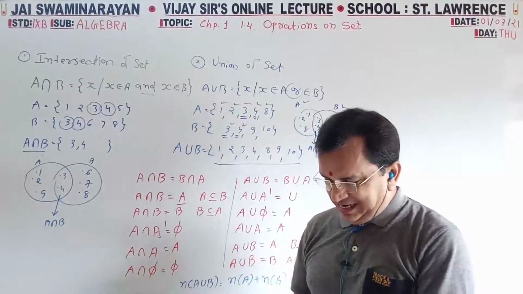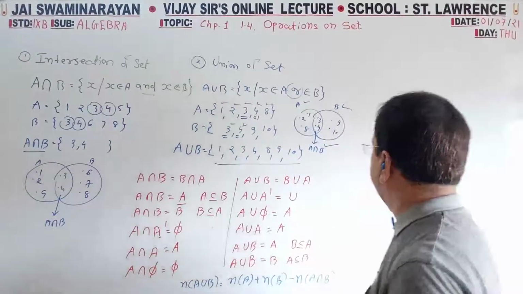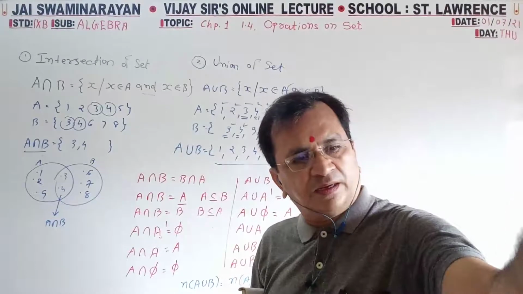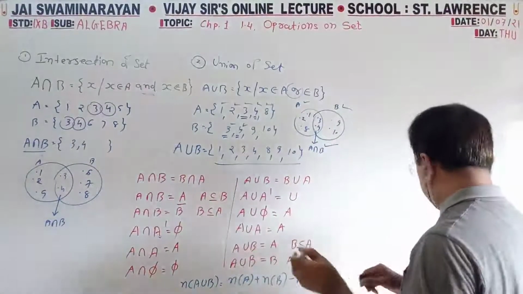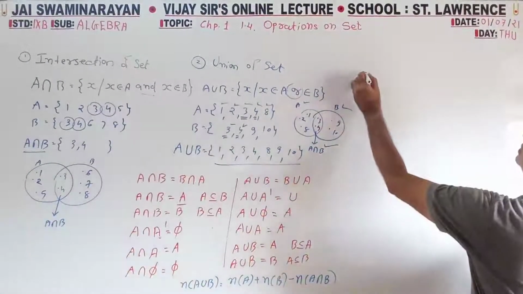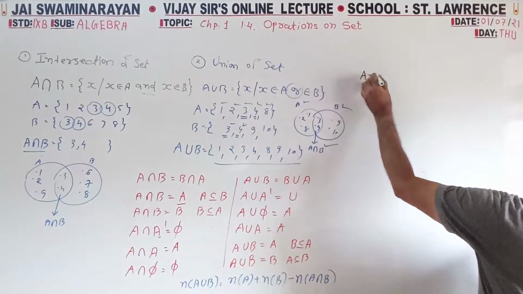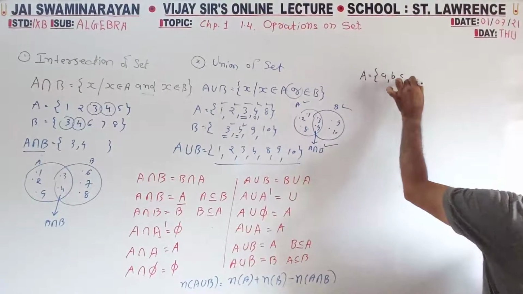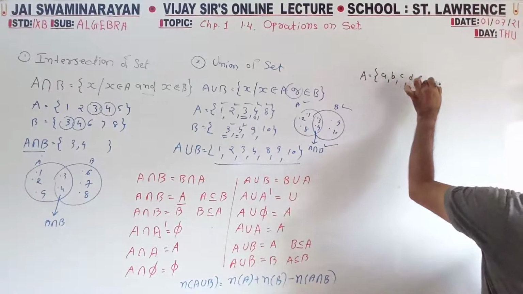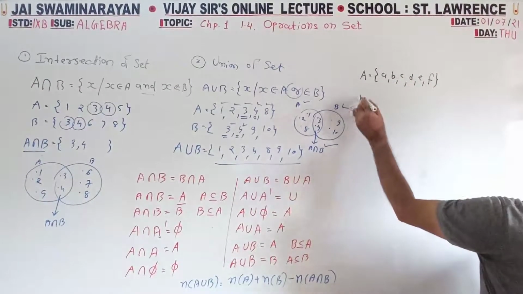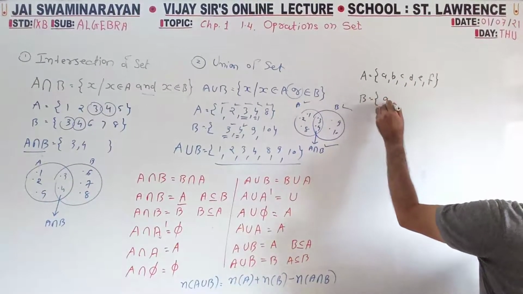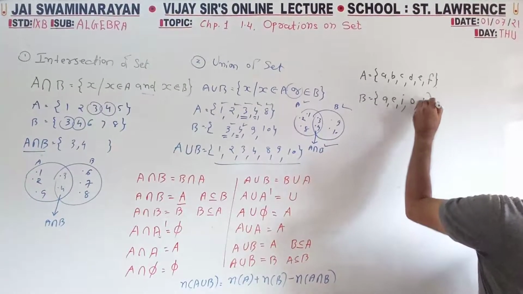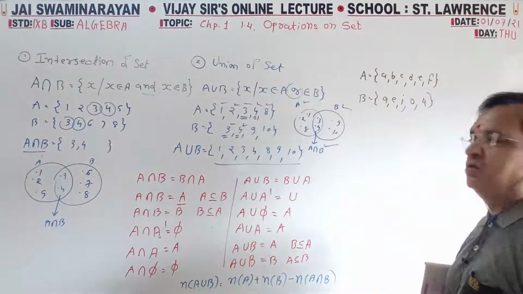Now, how to get the number, for example? Suppose A is A, B, C, D, E, F and B is equal to A, E, I, O, U. What is common?